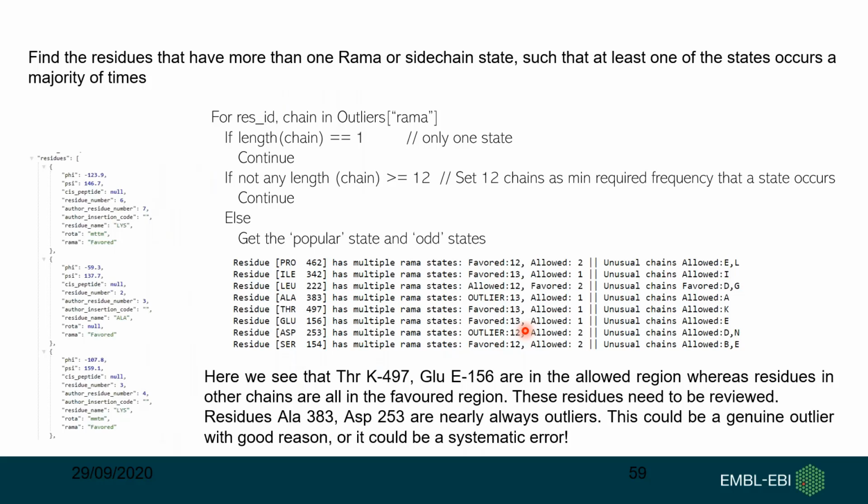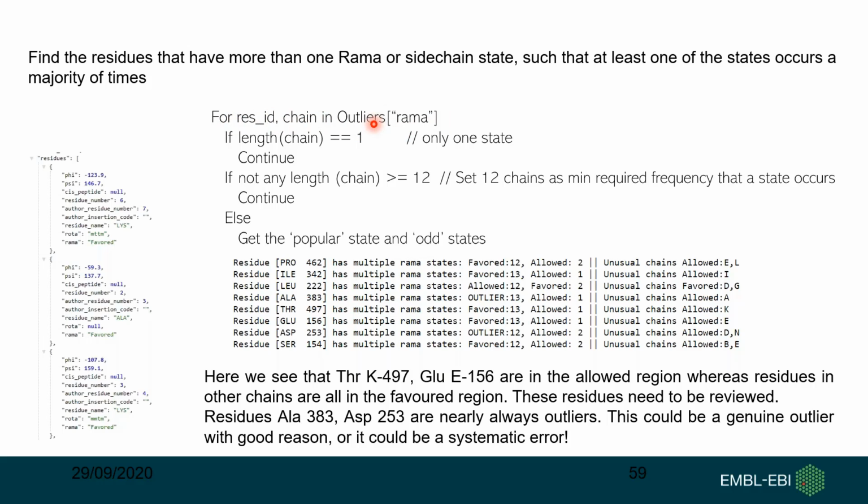Now we will build our profile. This is actually the same call as earlier, but a bit truncated. What we want to do here is to take a look at, out of those 14 chains that we were looking at, how many Ramachandran states and how many sidechain states there are.